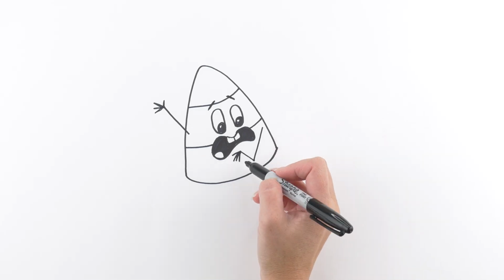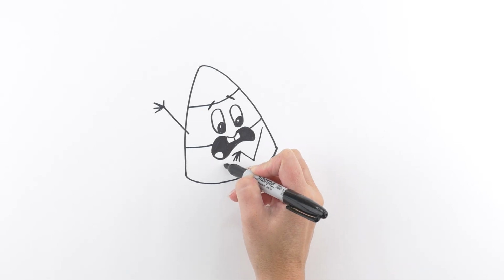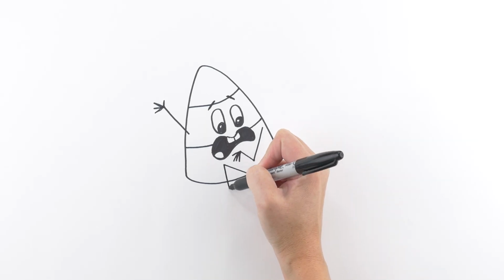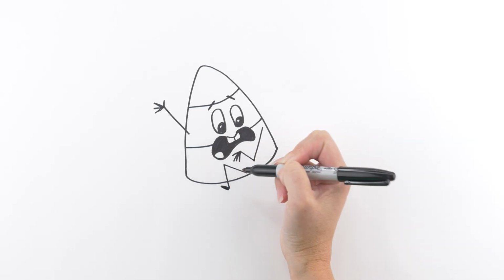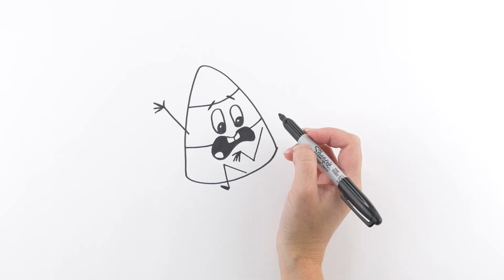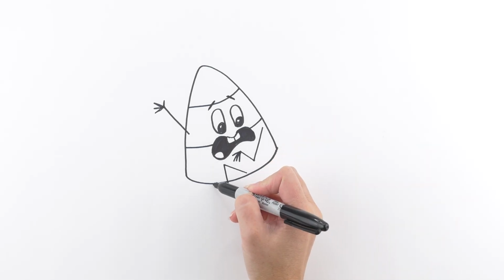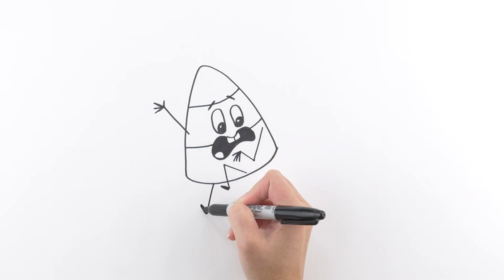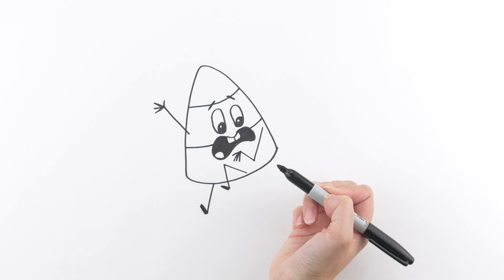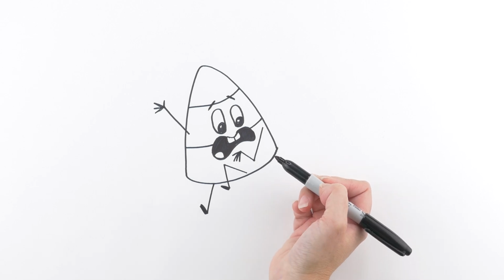The first leg is also going to be a zigzag, the little foot, and the second leg will be straighter with a foot up as well. So it looks like this character is jumping up in fright.